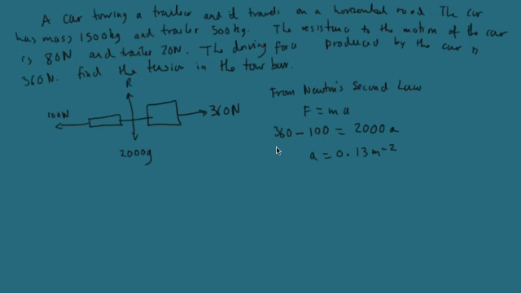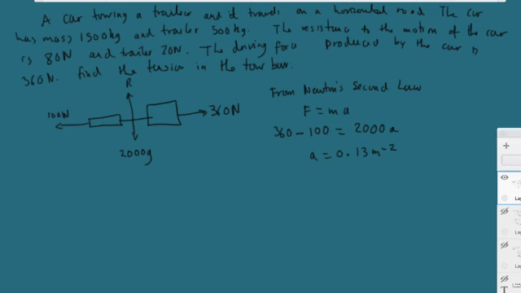So now we can take this information to work out the tension in our tow bar. Now if you see here, this is our tow bar, there will be a tension along this bar, and because of Newton's third law, we've got a force T in equal but opposite directions. So for this we can split the two objects into two parts.